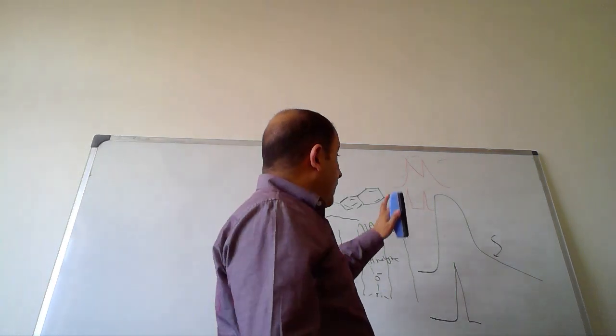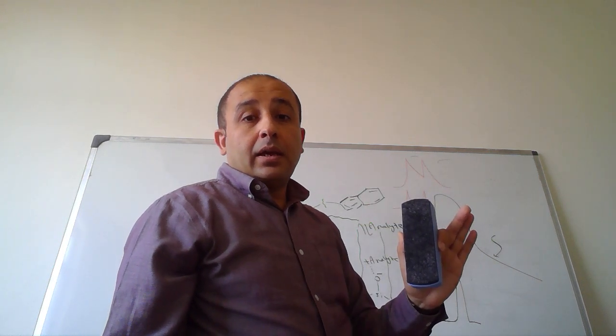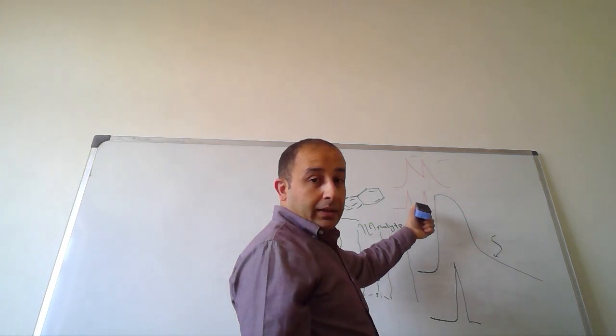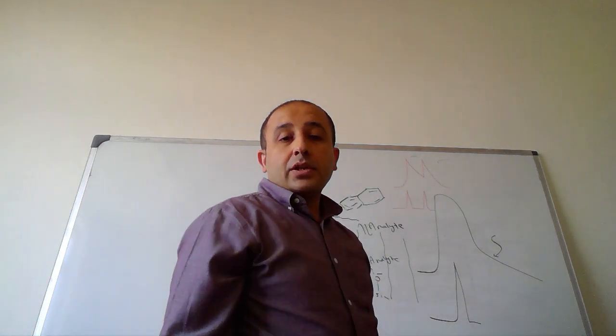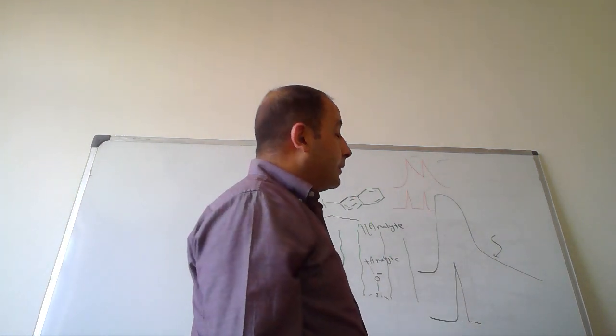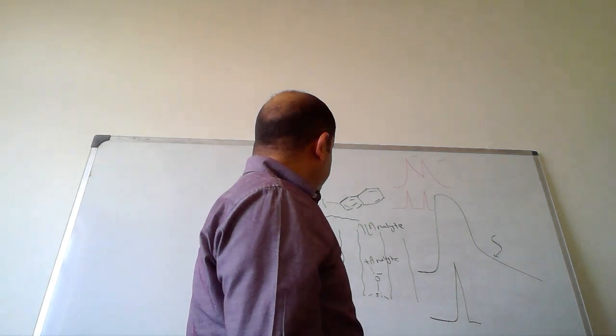So all the time, our main target is to gain sharp peaks and identical elution of analytes. But tailing, as we see here, is a source of overlapping, and bad separation will result.